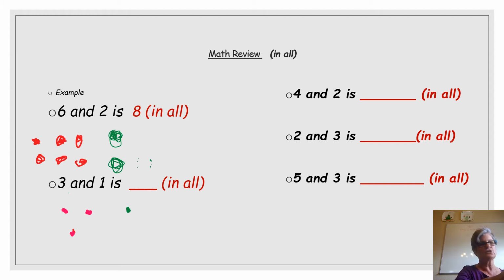Now let's go on to the problem below that. It says 2 and 3. So again, you will use your crayons. Using your crayons, draw 2 objects on a piece of paper in the same color. Go ahead, and I will wait.